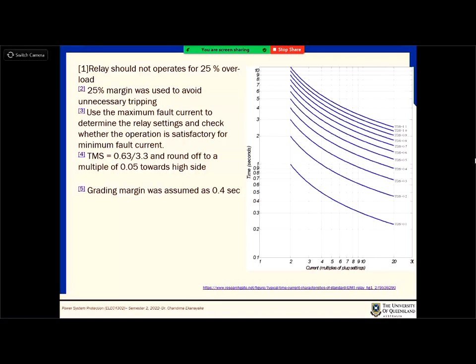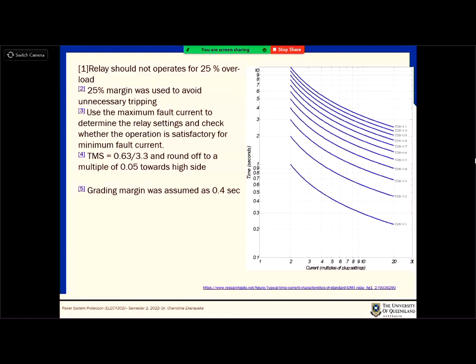Sometimes they allow it, because otherwise you may have to upgrade your whole network, which is expensive. So they allow, okay, 125% for 2 hours. Now if the relay operates within that region, you will be in trouble, because the relay will disconnect the line. To avoid that, you set the relay not to operate for 25% overload. That's the one condition here.